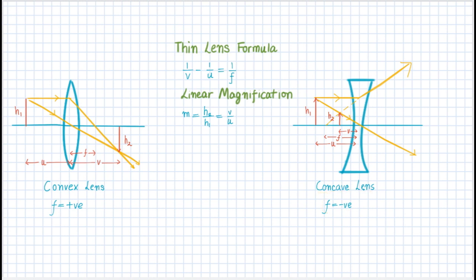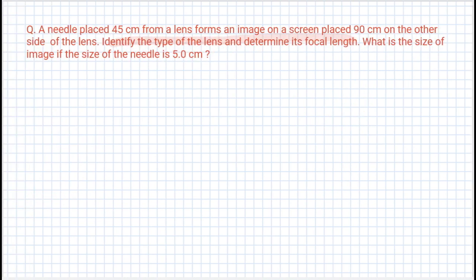Concave lens. And if our focal length is positive, what kind of lens will we have? Convex lens. After you have determined the focal length and identified the type of the lens, next you have to find the size of the image.